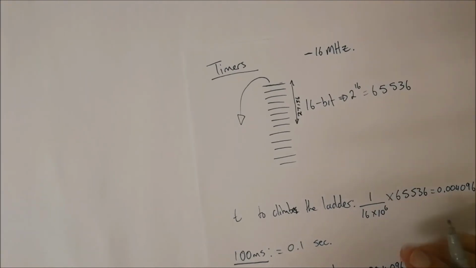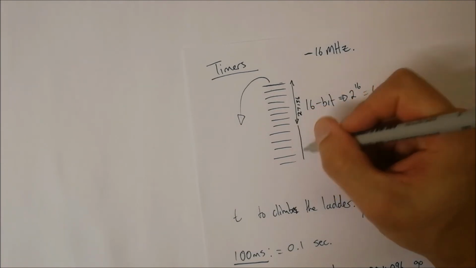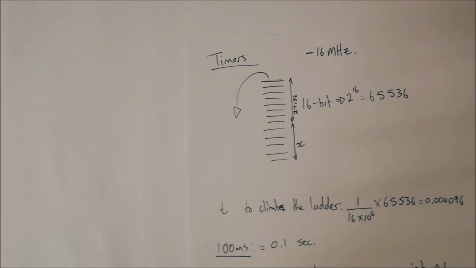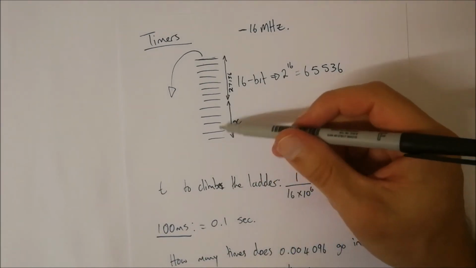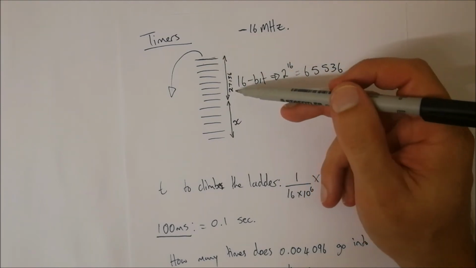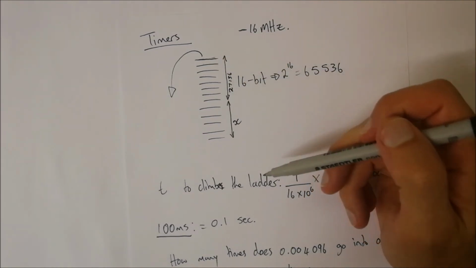That means we need to find a value x over here, x being the number of steps that we start climbing from to get to the top for 27,136 steps to occur.